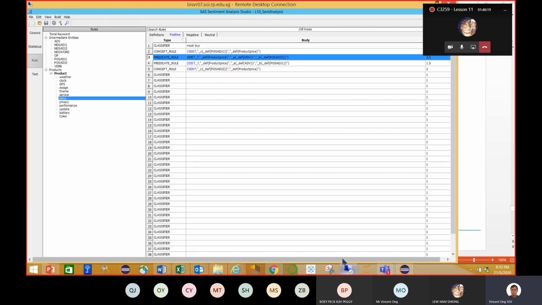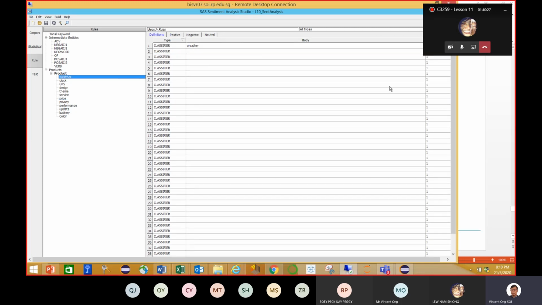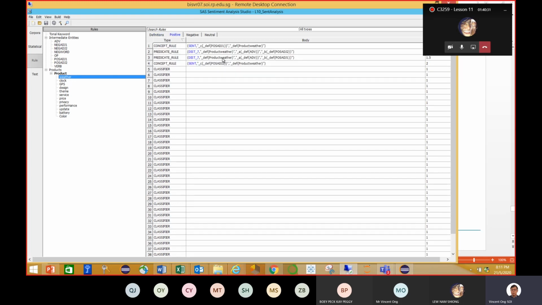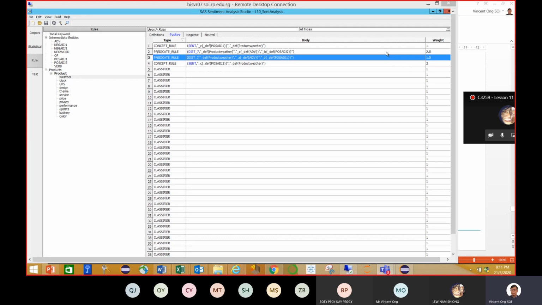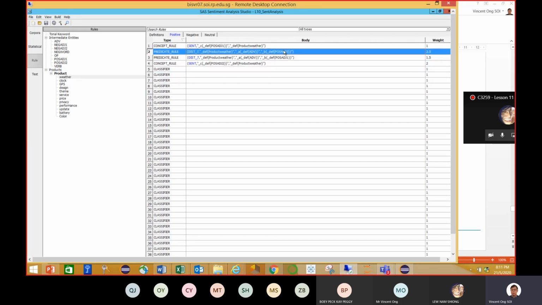So you can see that the definition doesn't really have a weight, while the rules have different kinds of weights, depending on which rule is more important.